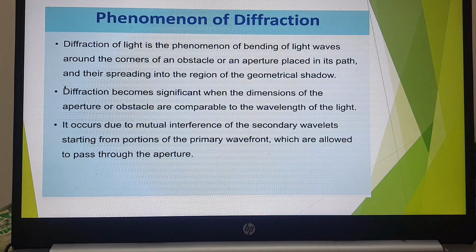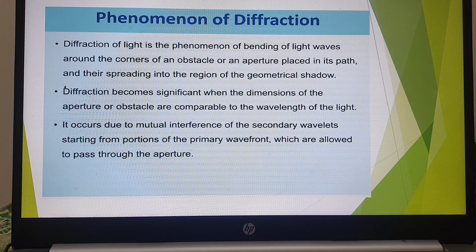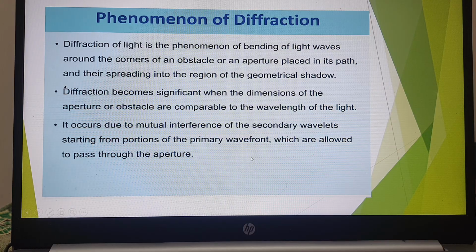Next, the phenomena of diffraction. Diffraction of light is the phenomenon of bending of light waves around the corners of an obstacle or an aperture placed in the path, spreading into the region of the geometrical shadow. Diffraction becomes significant when the dimensions of the aperture or obstacle are comparable to the wavelength of the light.